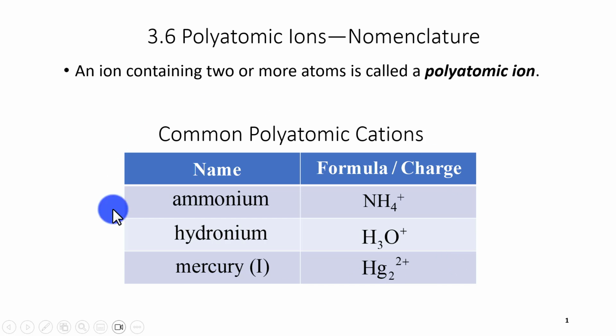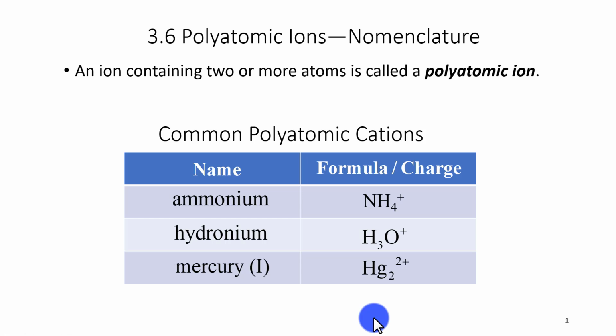So here are the three that are the most common polyatomic cations: ammonium, which is NH4+, hydronium, H3O+, and mercury(I), Hg2 2+. Note that this charge doesn't necessarily belong to the hydrogen or the nitrogen. It's an overall charge over the whole ion.